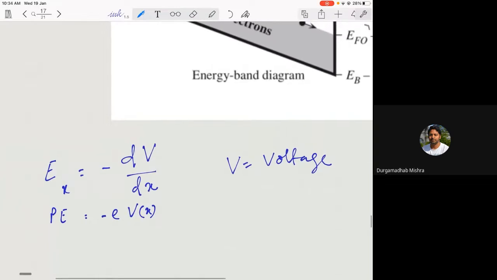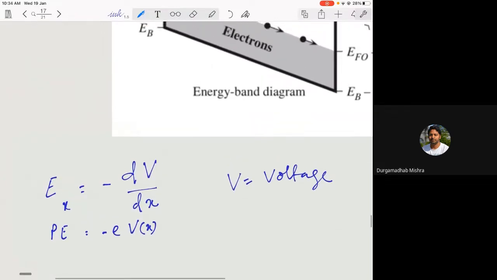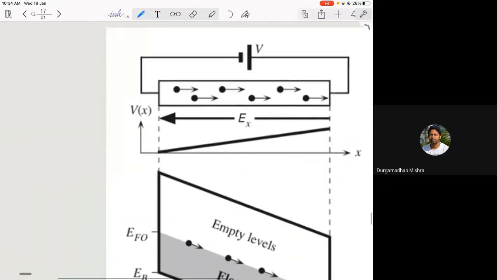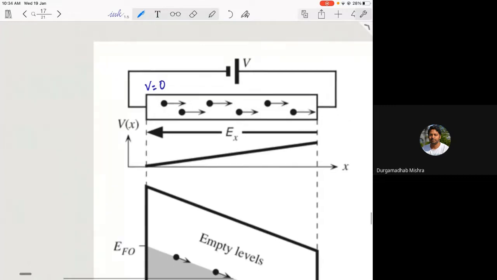That is the extra energy the electron will have at any point x. Normally we say the negative end is at zero potential, so here V will be equal to 0, and here V will be equal to your applied voltage. That's why you have a voltage gradient dV by dx, and that is basically your electric field.